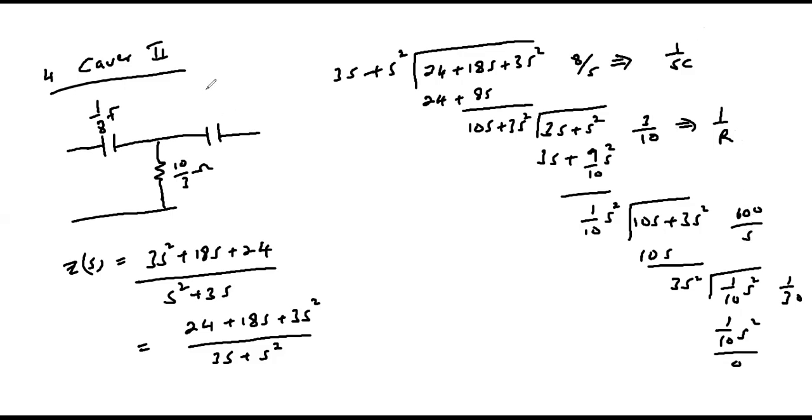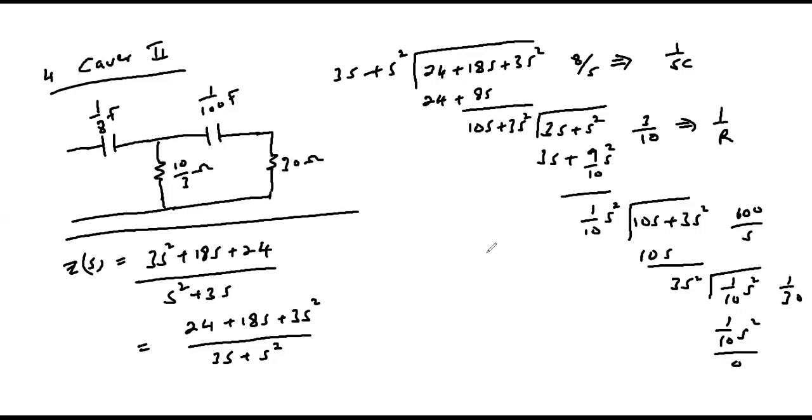The value of the capacitance will be 1 over 100 farads. Finally, we have a resistor whose admittance is 1 over 30, or conductance is 1 over 30, and therefore the resistance will be 30 ohms. And this becomes the Cauer implementation of the transfer function using RC network.